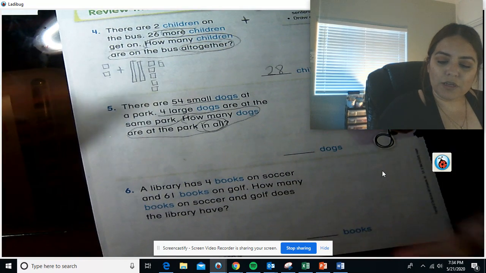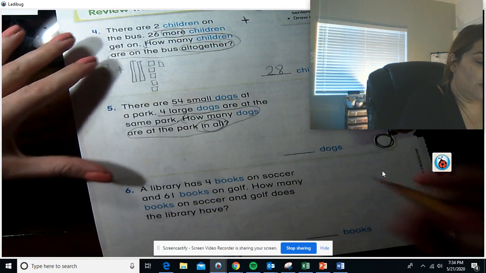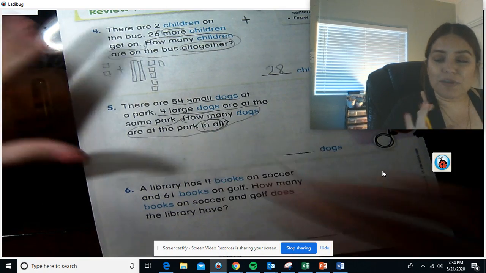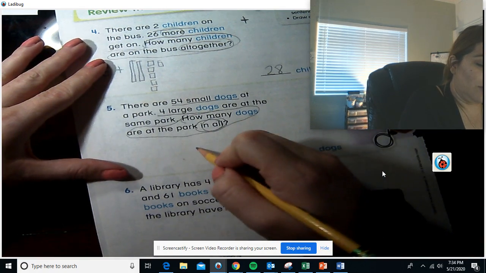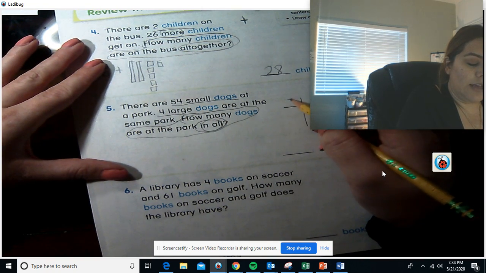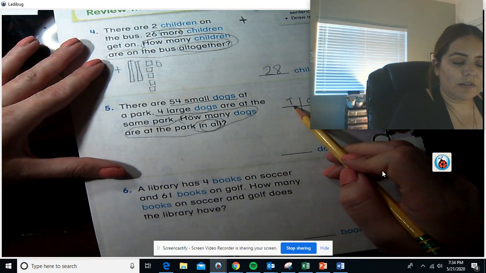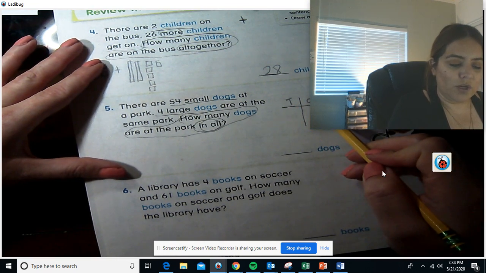So for this one, I think I'm going to use the strategy of our T-chart. So I'm going to make my T-chart over here. So we have tens and ones. This is a T for tens, this is an O for ones.